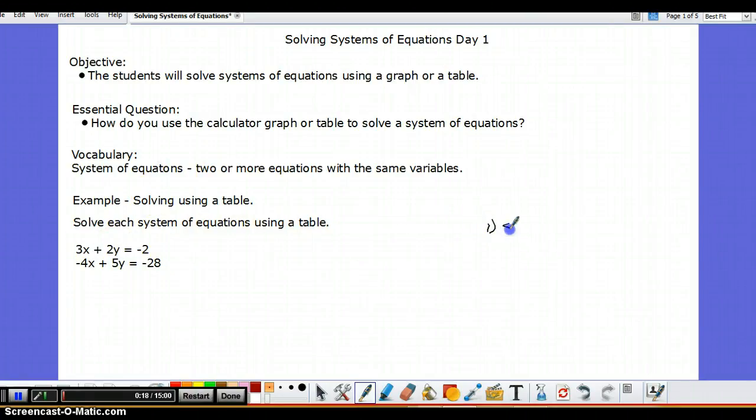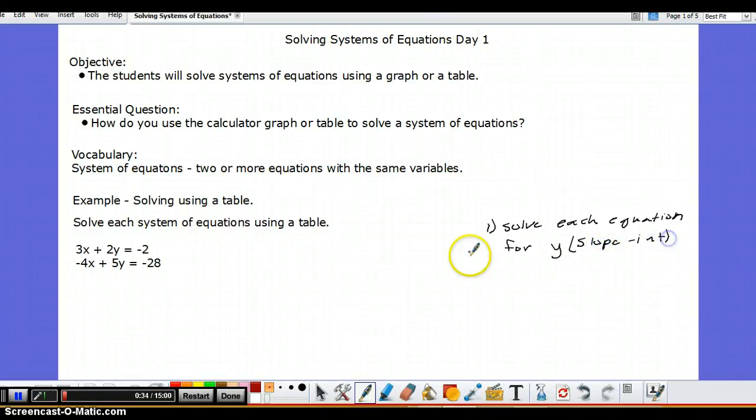The first one is to solve each equation for y, which is also known as slope-intercept form.